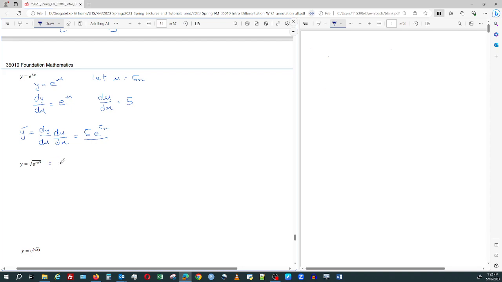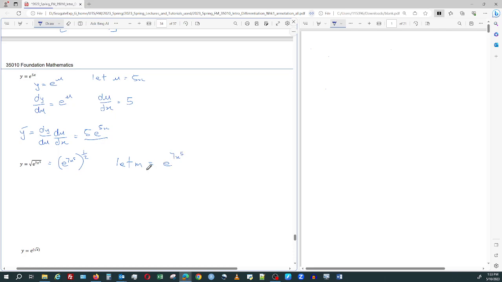Okay, so this is e to the 7x to the power 5, all raised to the power of a half. So this is going to be 3 chains. x is being raised to the power 5 times 7, then it's being e, then it's being square rooted. So we've got a little bit of work to do to get that out. Remember what I said to you, everything in the middle, e to the 7x^5.